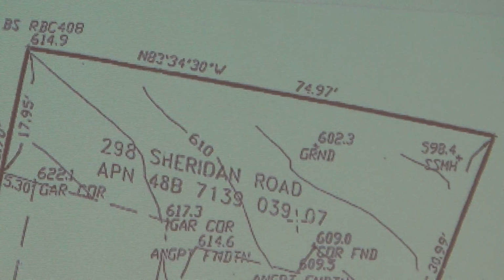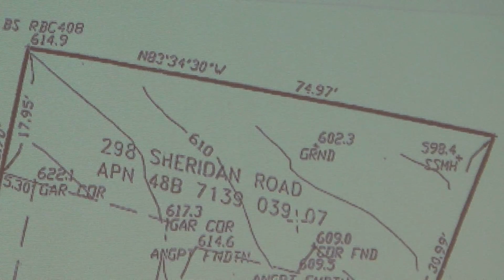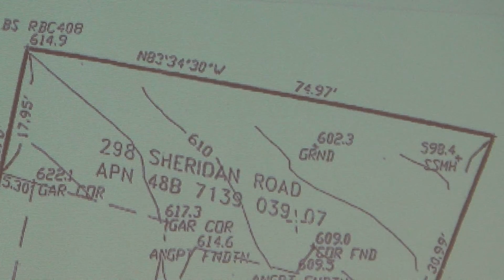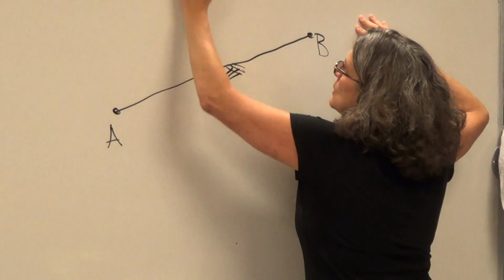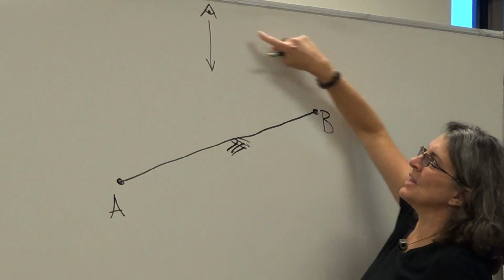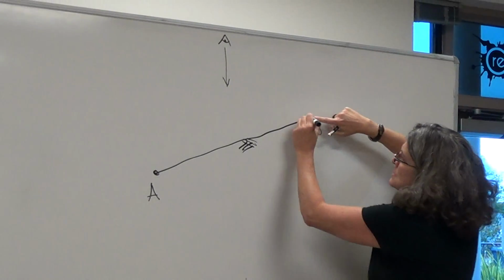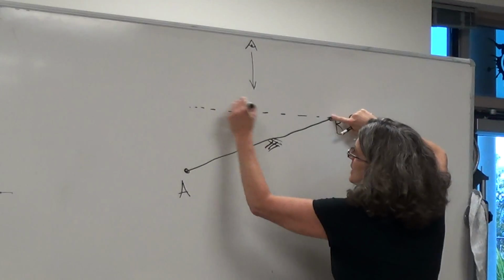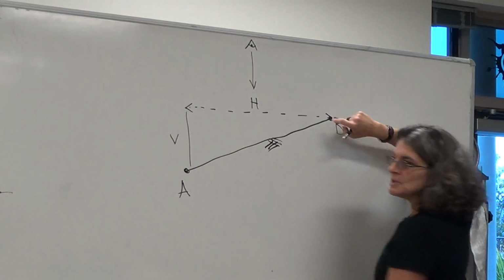Pretty difficult to represent a slope distance on a drawing. So let's say here's my soil, and here's my point A, and here's my point B, right? And I'm looking from above. This is my horizontal distance, right here. This is the H. And this right here is my vertical distance.